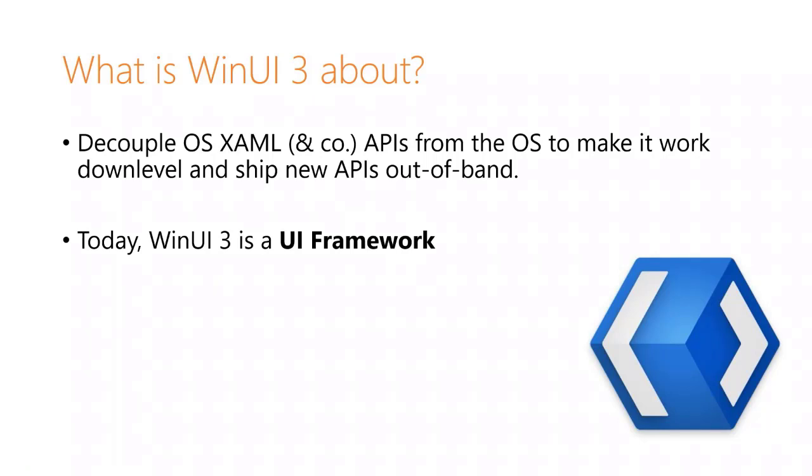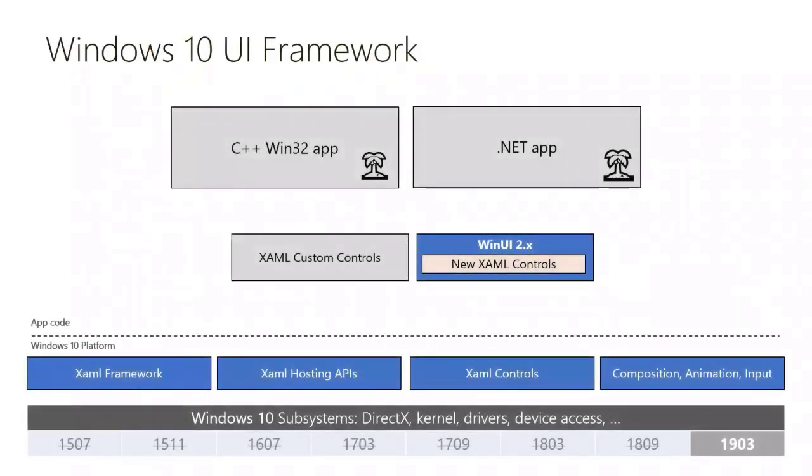So the goal is to really have WinUI, the XAML platform, out of the OS and be able to use it with out-of-band components and be able to ship it more quickly than the OS release twice a year. So as Mike just explained, right now you can use all the Windows 10 XAML platform with XAML Islands, either in Win32, C++, or .NET applications.